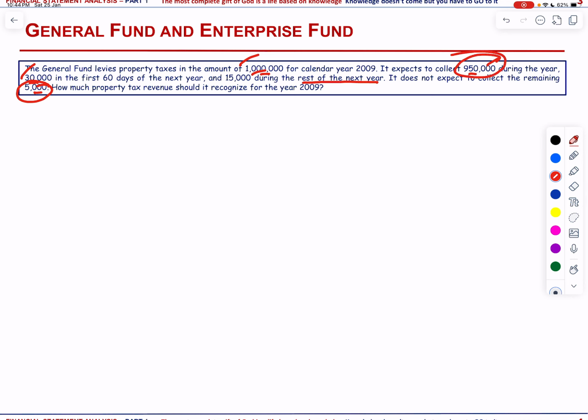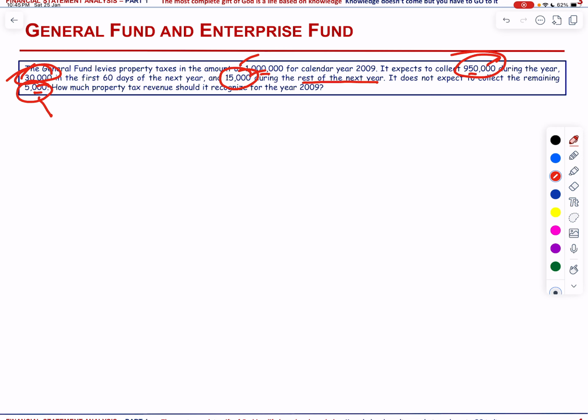Measurable and available in 2009, the amount to be collected within 60 days of 2010, that is 30,000. This amount is available and obviously it can be recognized as revenue in 2009. Then the amount to be collected after 60 days of 2010, that is 15,000, is not available within 60 days, so it should not be recognized in 2009. Then there is an uncollectible amount of 5,000, and since it is uncollectible, it should not be recognized as revenue in 2009.